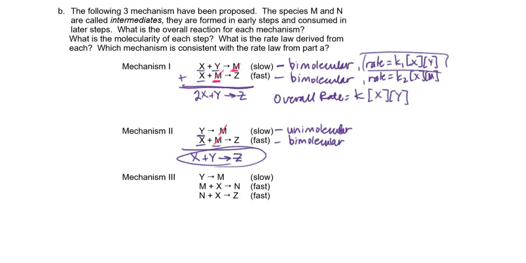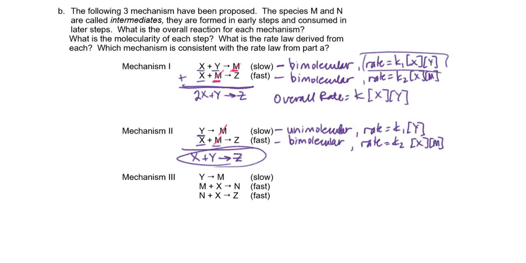And so because of that mismatch, we cannot assume that this reaction mechanism is consistent for this chemical reaction, even though, if we take a look at the individual rates for each step, the rate for the first step would be K1 times the concentration of reactant Y. For the fast step, it would be K2 times the concentration of X times the concentration of M.